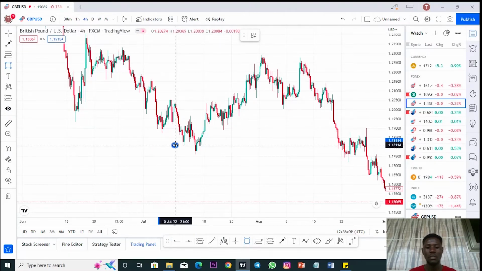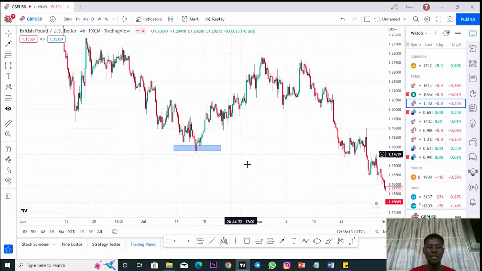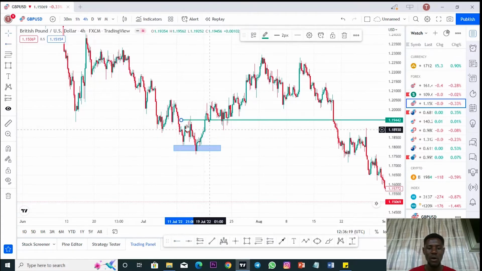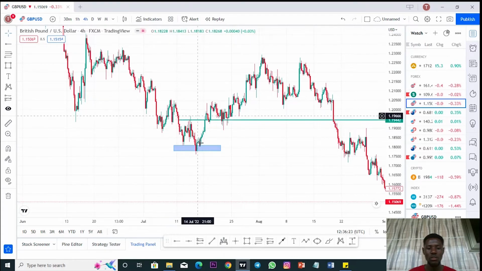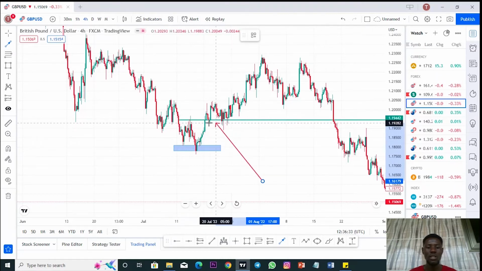So we will draw our resistance here very nicely, and let's look for our neckline. Here is our neckline very nicely. You see, after the break, here is our support, and here is our support and resistance trend line, and also our neckline.